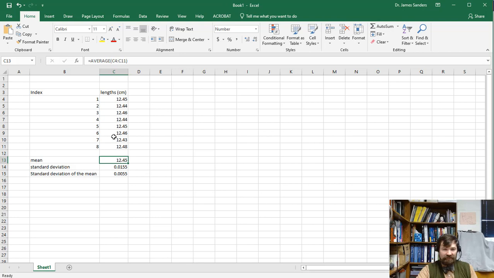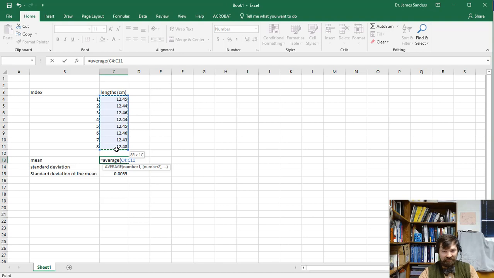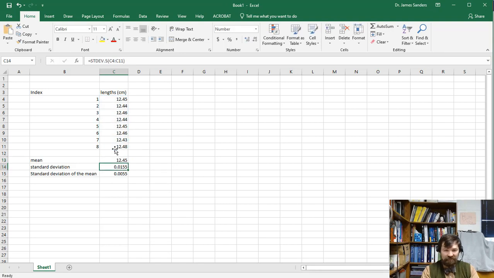Okay, and so the way that you do it is this. To get the average, you type equals average. So you just type the word average, you take a parenthesis, you select your data, so I just click and drag, close parenthesis, and when you hit enter, you have the average value.